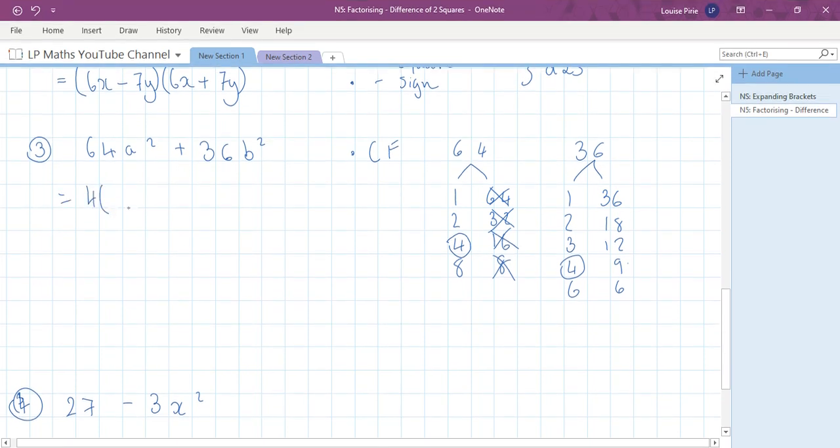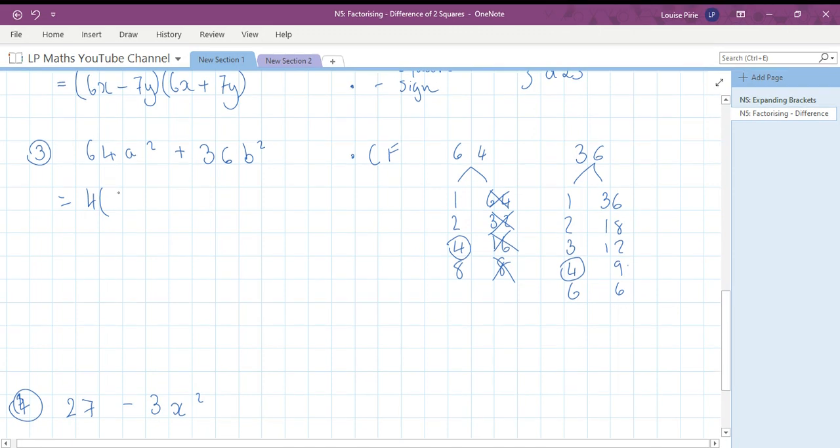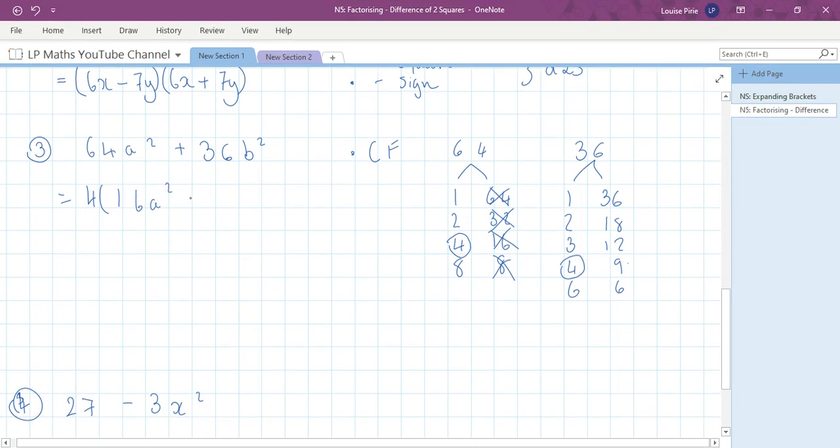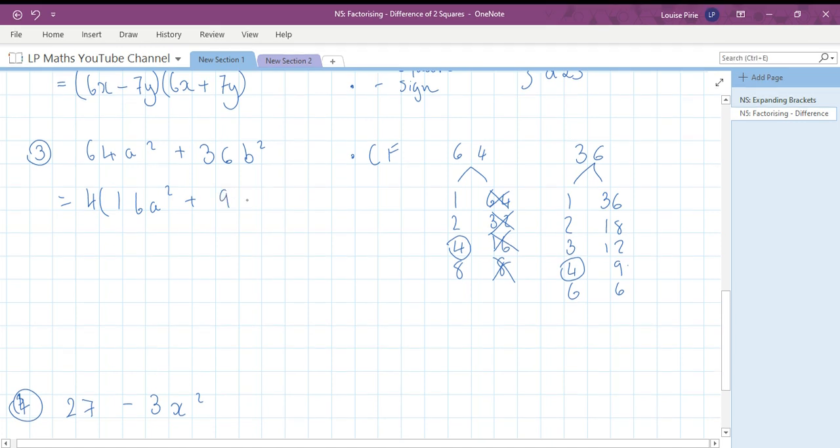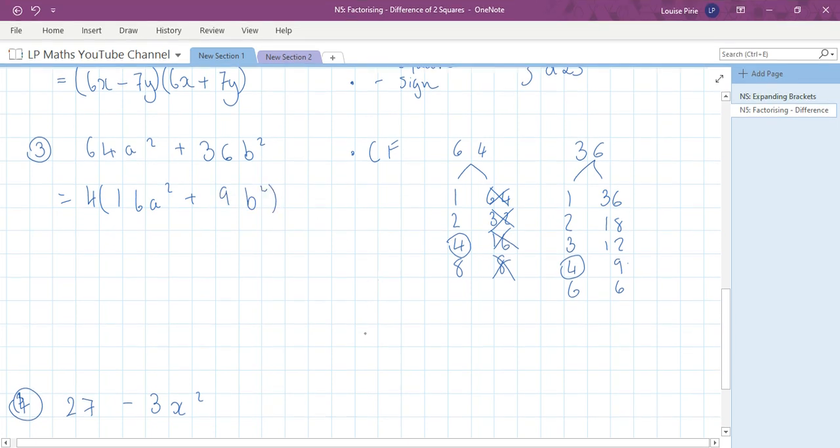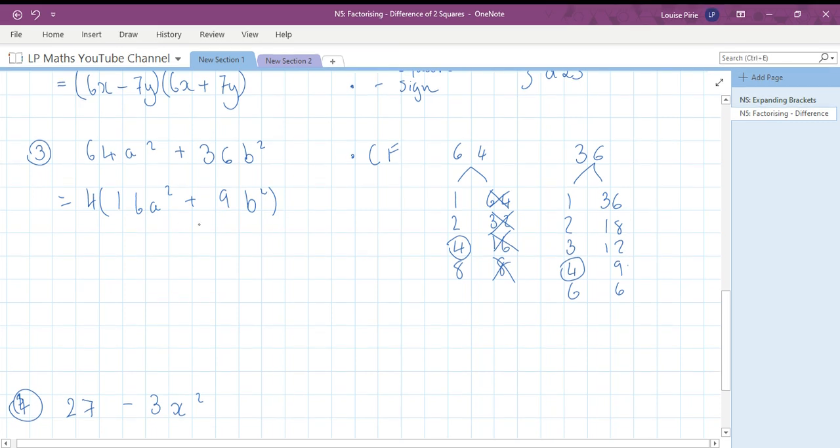So we're going to take 4 out. What's going inside the bracket? Well, the partner to 4 is 16, so it's going to be 16a squared plus 9b squared. Okay, now we're going to see if we can do difference of two squares in here.